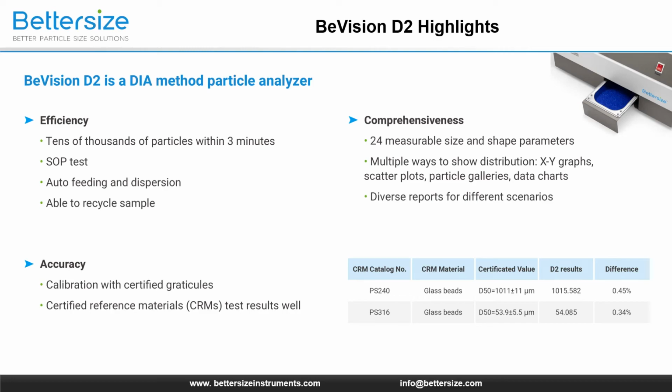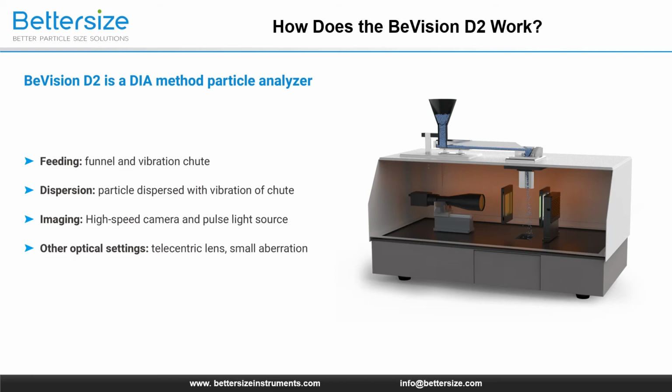Every instrument of the Bevision series is calibrated with certified reticles and passes the certified reference materials test. To measure the size and shape of particles over a great variety of applications, the Bevision D2 is equipped with a comprehensive range of hardware.